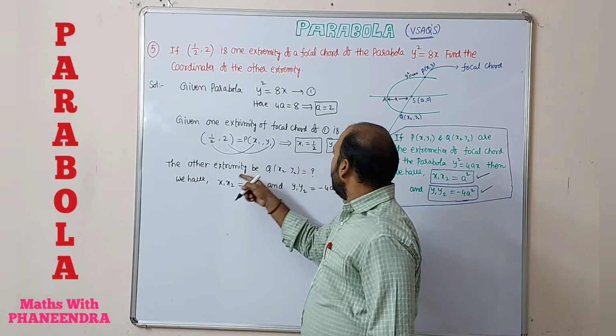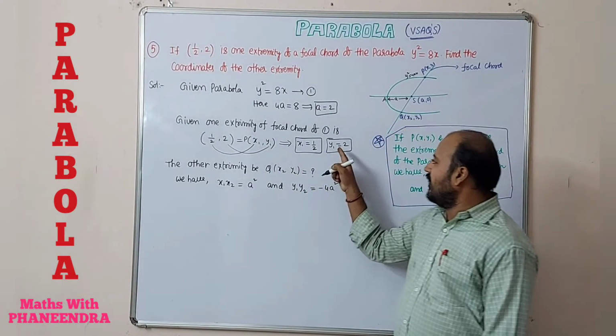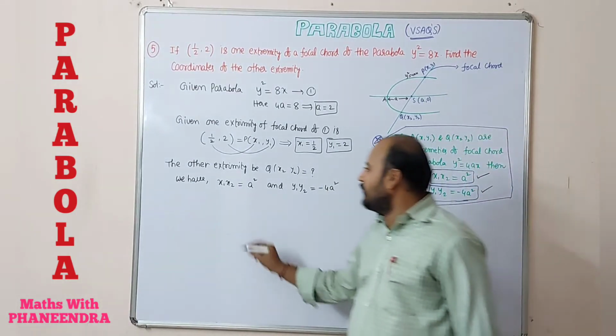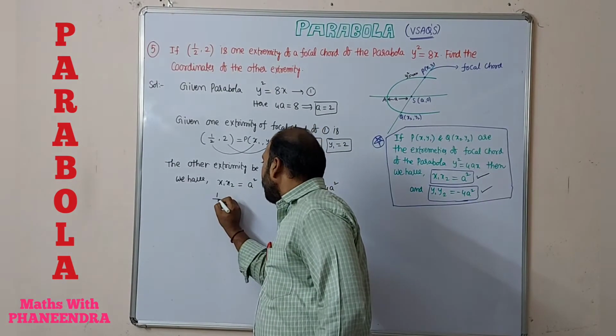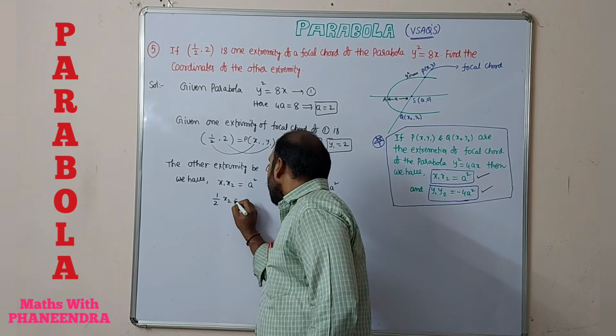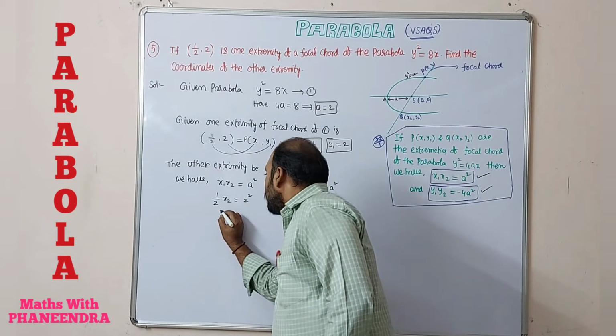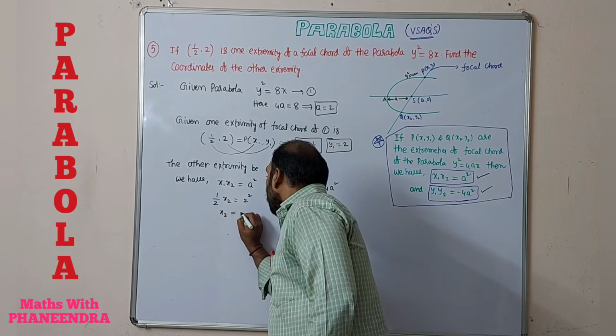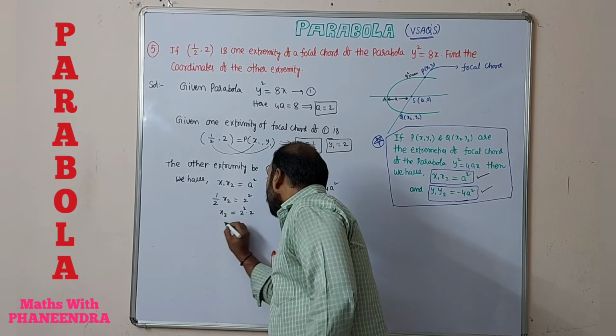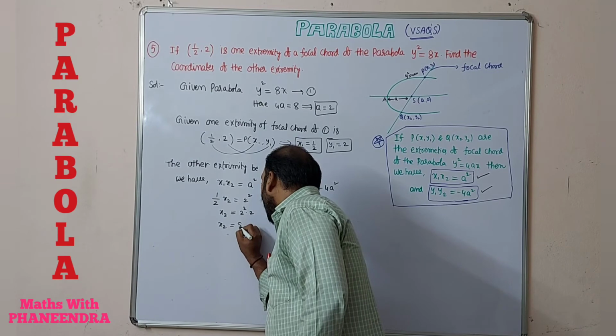So x1 value, a value substitute here. y1 value, a value substitute here. x1 value 1 by 2 into x2 is equal to a value 2 square. So x2 is equal to 2 square into 2. So x2 is equal to 4 twos are 8.